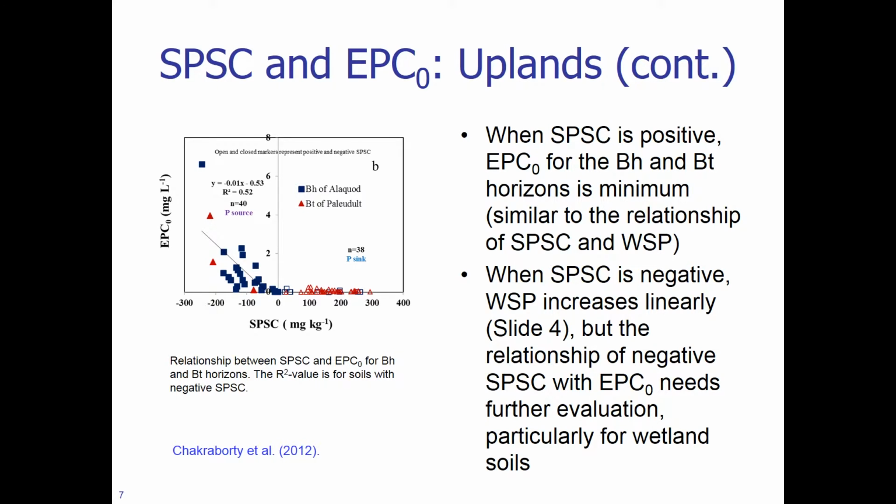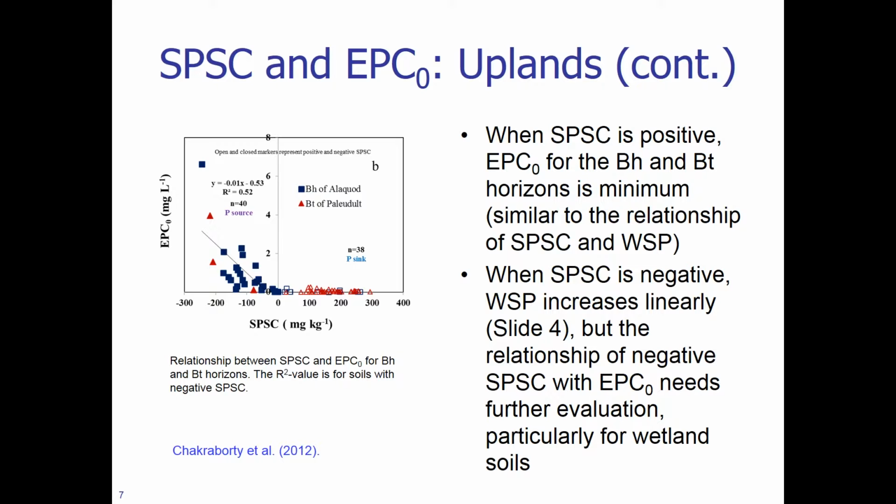So, when SPSC is positive, EPC0 for the Bh and Bt horizons is minimal. This is very similar to the relationship of SPSC and water-soluble P. You can see a figure on the left, and the open and closed markers simply represent positive and negative SPSC, and we're talking now of Bh and Bt horizons of Aquods and Paleudults.